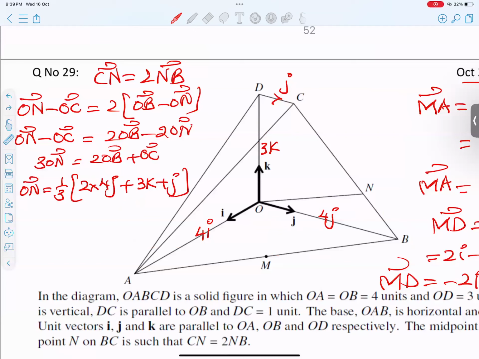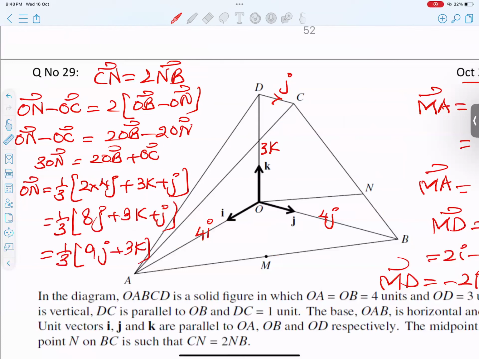I show again, this is OC, O to D, D to C. A lot of attention is required. Here I got 8j. Here I got 3k plus j. This gives 8 plus 1, 9j, and 9j inside and 3k. Finally, I got 0i plus 3j plus k as the value of ON vector.